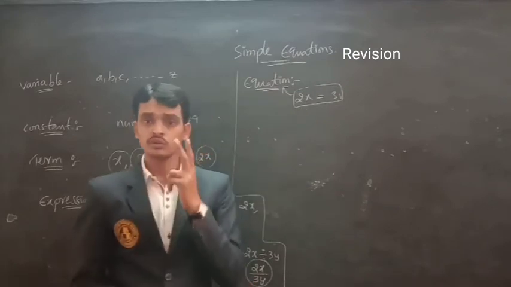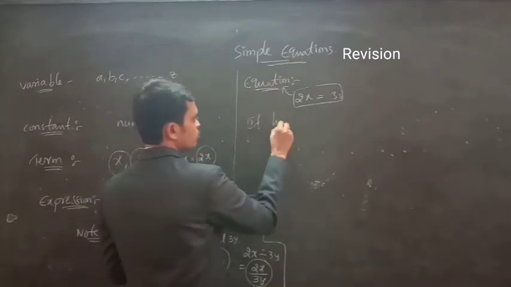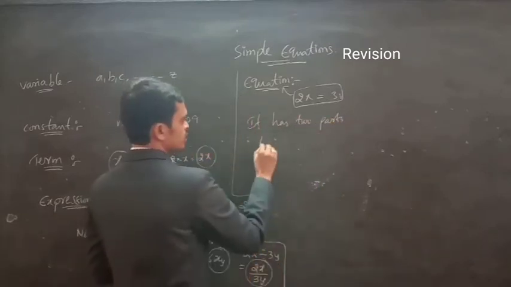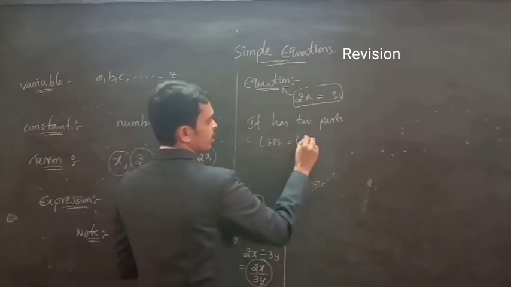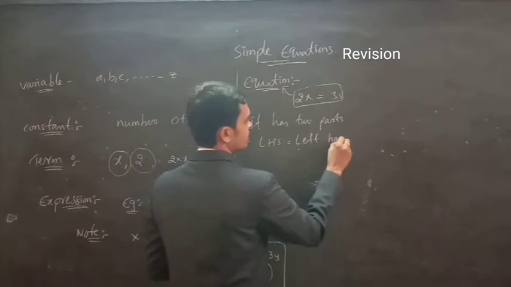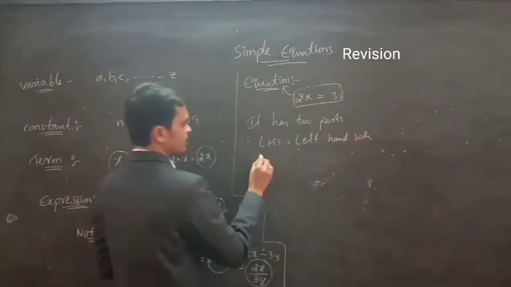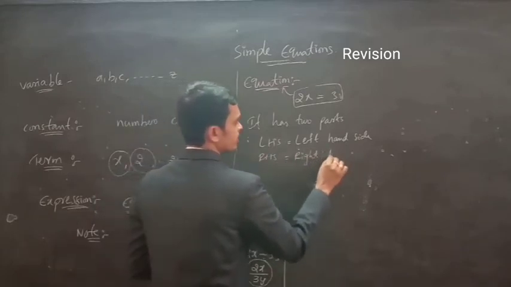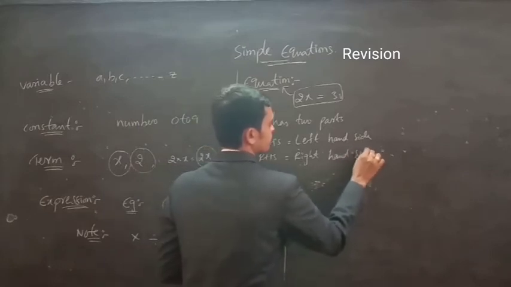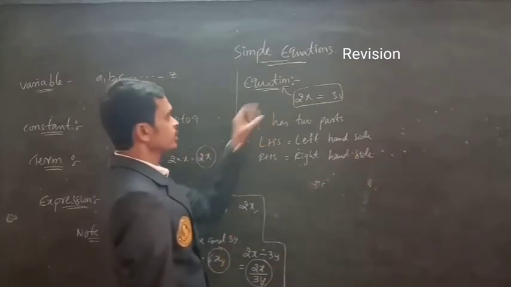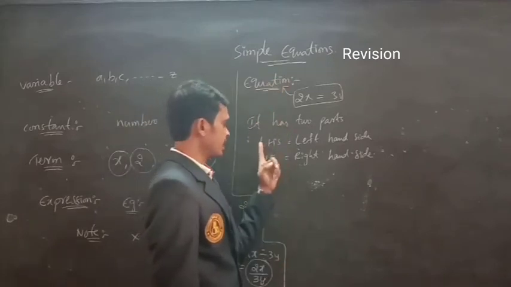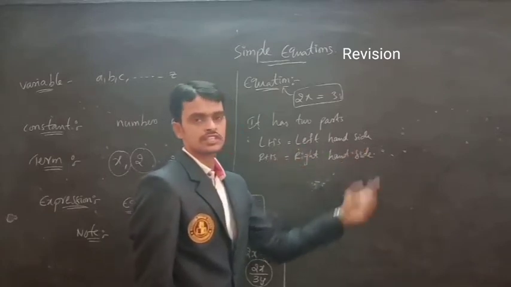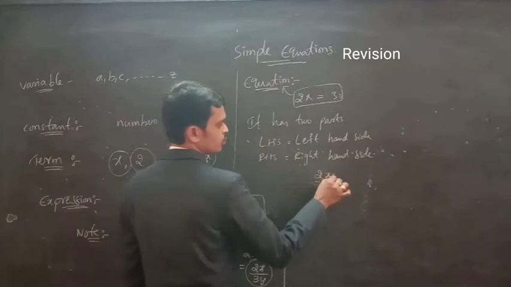So the equation has two parts. One is LHS, the left hand side, and the other is RHS, the right hand side. For example, 2x is equal to 5.